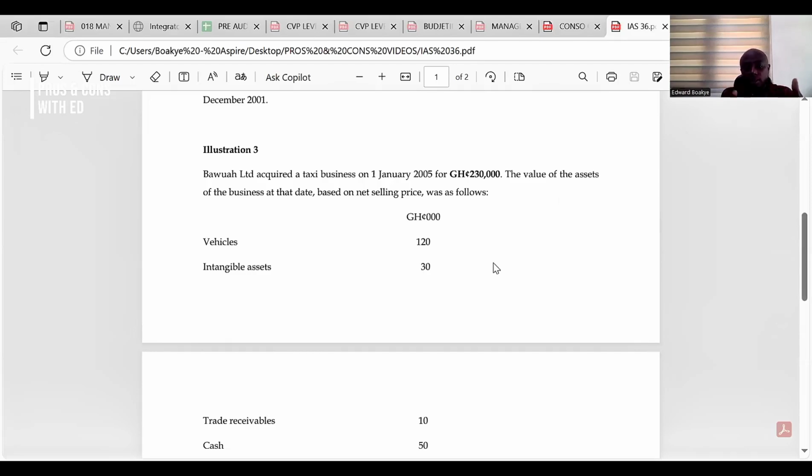So let's take this question and try and see how we will be able to analyze it on our board. If you look at the question, it means we are going to get what? We are going to get a goodwill. We are going to get a vehicle. We are also going to get other intangible. And also we are going to get inventory.